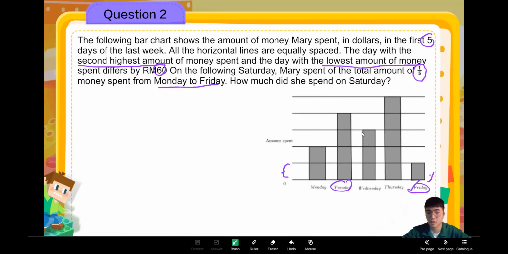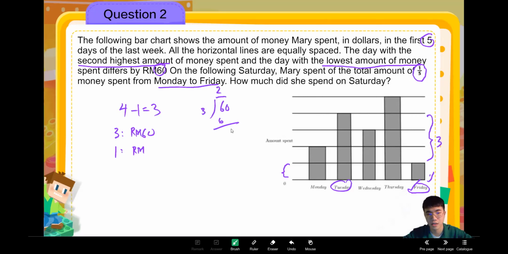To compare both of these, there are 3 spaces of difference, which is 4 minus 1, and we get 3. The difference is 60 ringgit. So if 3 spaces represent RM 60, what about 1? 60 divided by 3, and we get 20. So 1 space represents 20 ringgit.